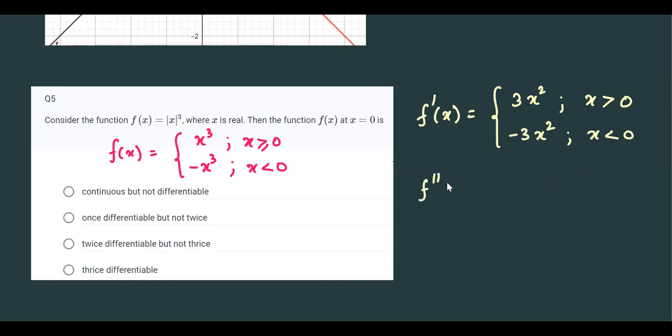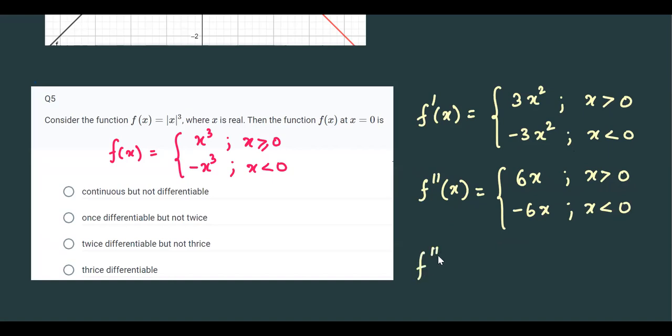Second derivative, it is 6x for x greater than 0, minus 6x for x less than 0. Third derivative, 6 for x greater than 0, minus 6 for x less than 0.